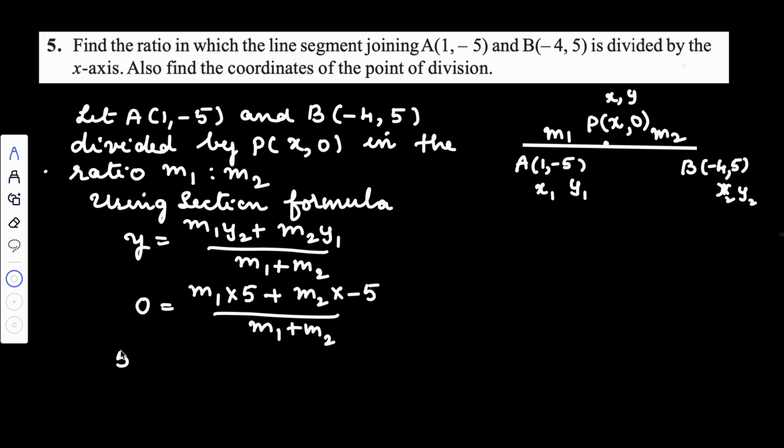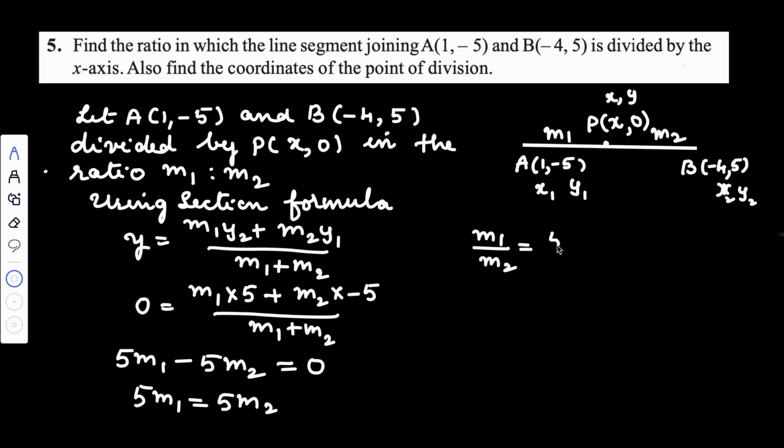We get 5m1 minus 5m2, minus because plus of minus is minus, and 0 into (m1 plus m2) is 0. Now we want to find the ratio, so 5m1 is equal to 5m2. Carefully, m1 by m2 is equal to 5 divided by 5. So we get the ratio m1:m2 is equal to 1:1.